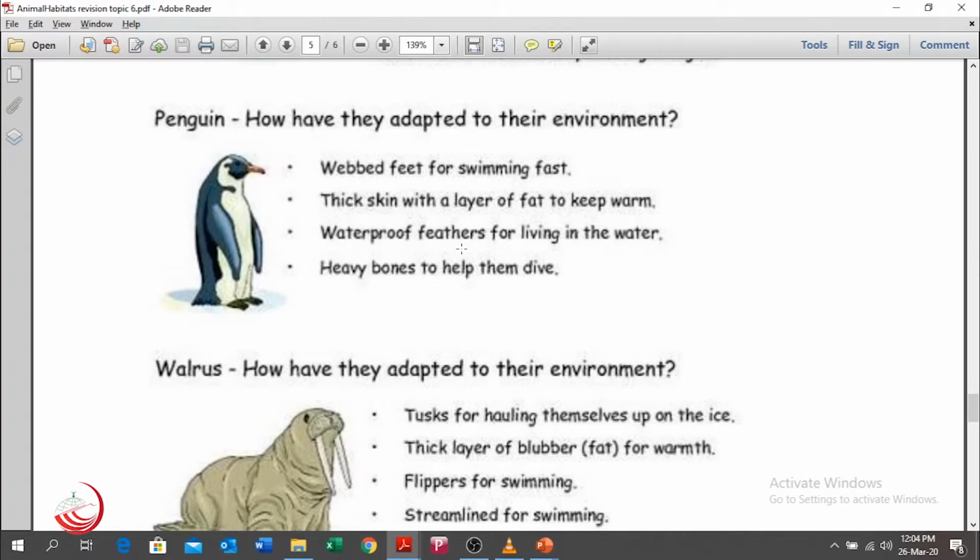Waterproof feathers for living in the water. Waterproof means that water does not cause them trouble or doesn't ruin them. Like they're water friendly. Let me give you an example. A watch is what you put around your wrist to check for the time. It's 1 o'clock, 2 o'clock, like that.